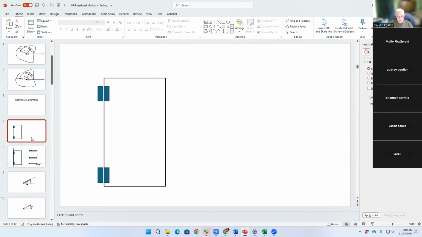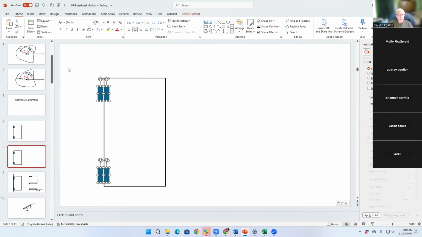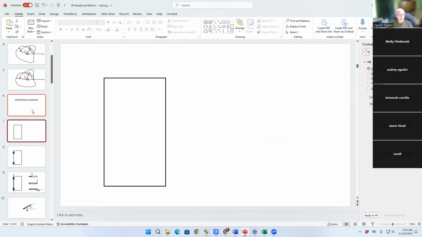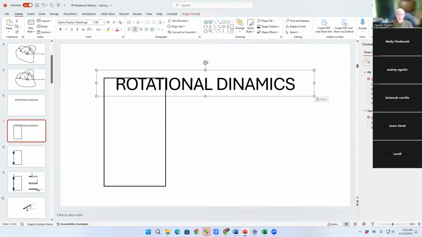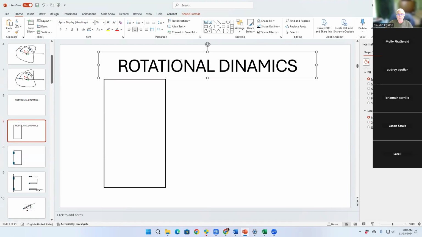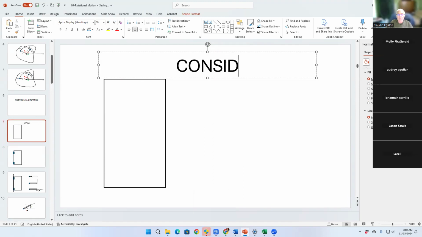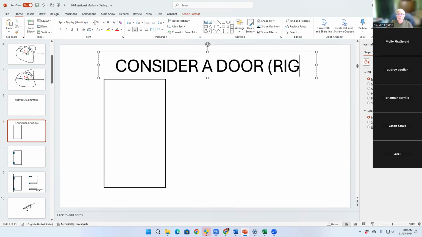Let's do that without the hinges first. Consider a door, which is a rigid body.